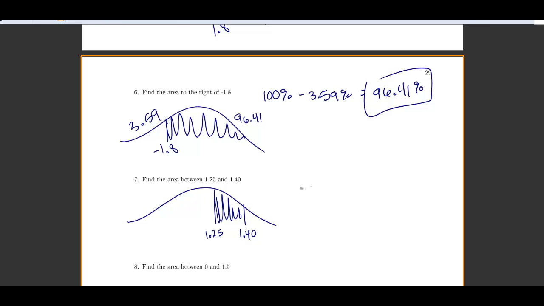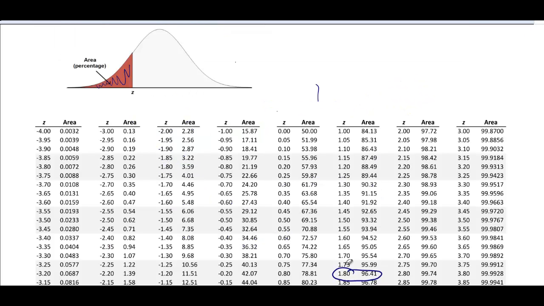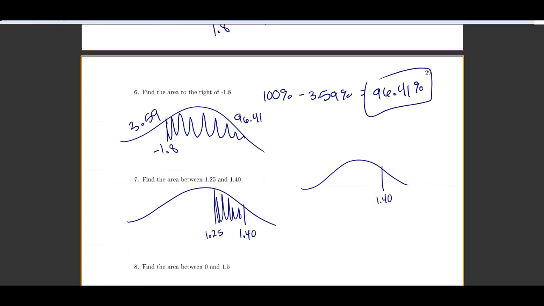If I was to look up 1.40 on my table, that gives me 91.92%, but that's all the area to the left. So this 91.92 is from 1.40 all the way over. But I didn't want the area all the way over the tail. I only want the area to 1.25.